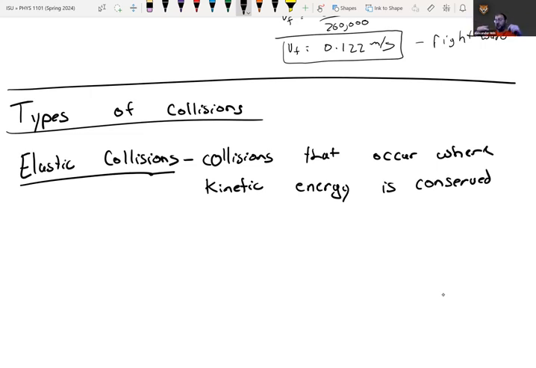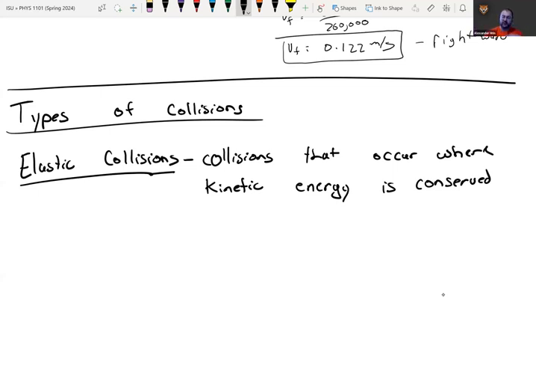Alternatively, if you had those little rubber bouncy balls and you throw those at each other, they'd come together and bounce off and go back the other way. In that case, the momentum was still conserved because they would just switch directions. But this time their kinetic energy would also be conserved because they bounced off and retained their speed.